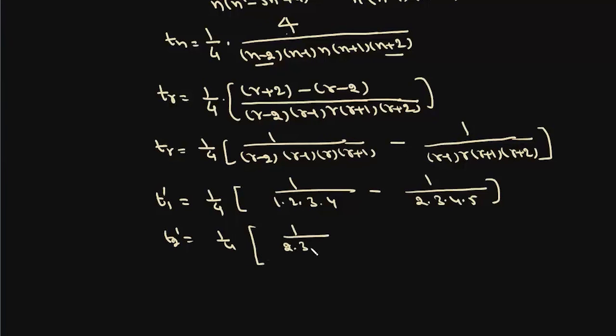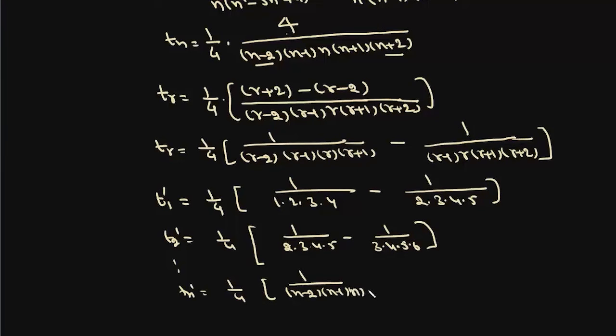And the second term will be 1 by 4, this is 2, 3, 4, 5 minus 3, 4, 5, 6. I'll continue up to n terms. So there will be 1 by 4, and this is n minus 2, n minus 1, n plus 1 minus 1 upon n minus 1, n plus 1, n plus 2.